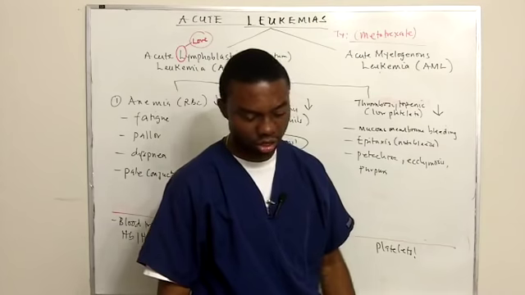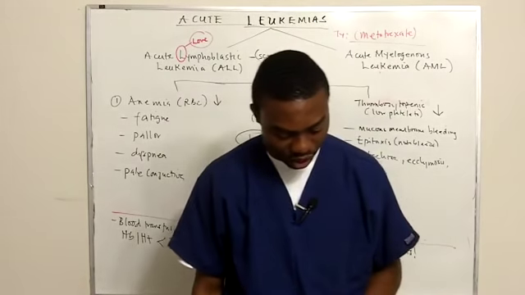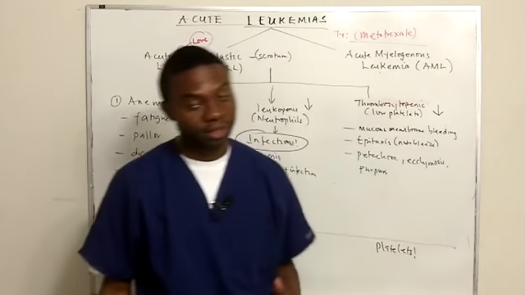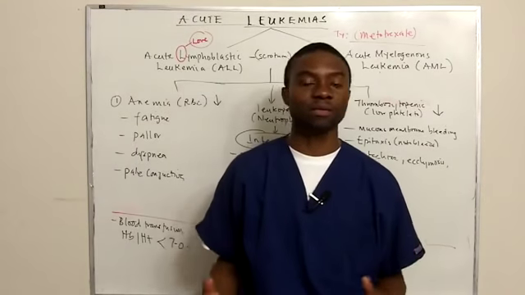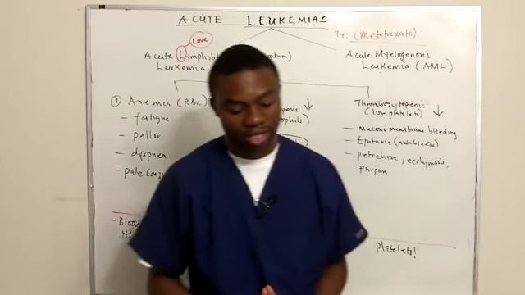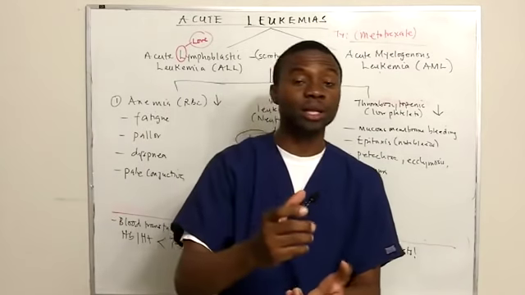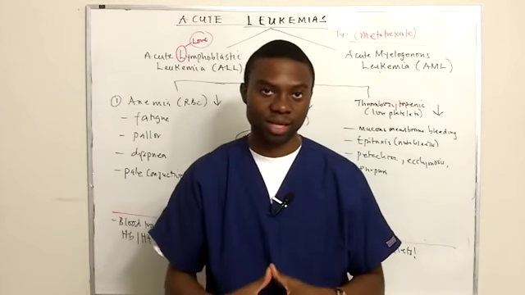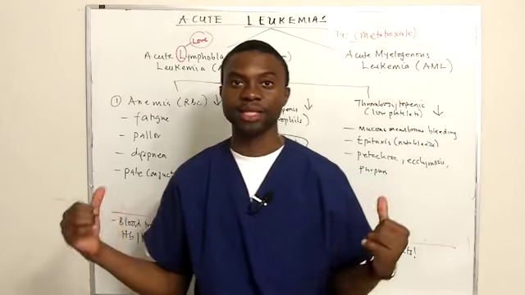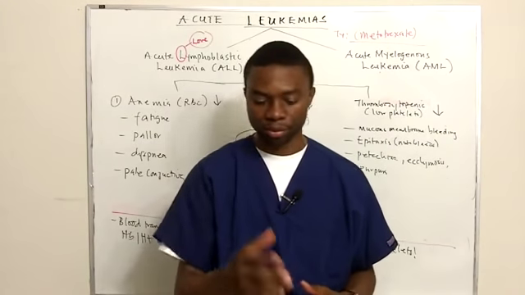It doesn't like it, and most of the time it doesn't respond well to chemotherapy. But the best treatment for both of them is a bone marrow transplant. We basically take out the bone marrow, put a new one in there, and replace all the problems relating to the immature blast cell neoplastic proliferation.